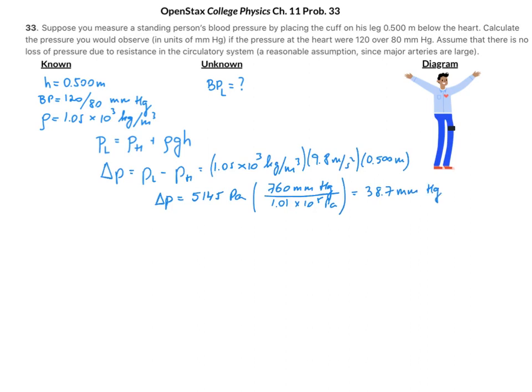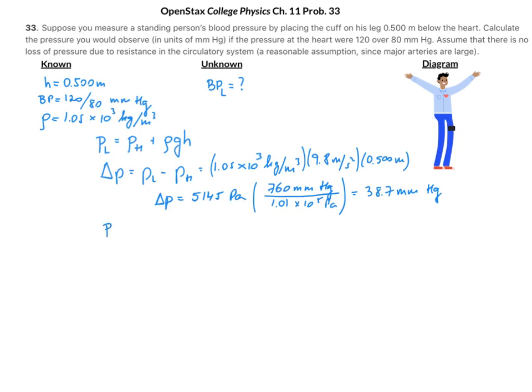So what this says is that the change in pressure between the heart level and the leg level is 38.7 millimeters of mercury. So there's more pressure at the leg level, 38.7 millimeters of mercury more than at the heart.